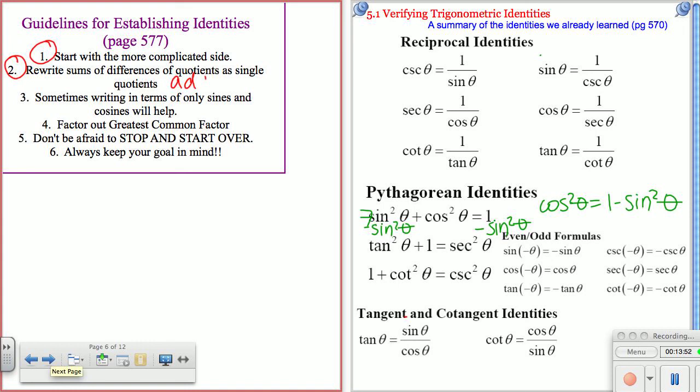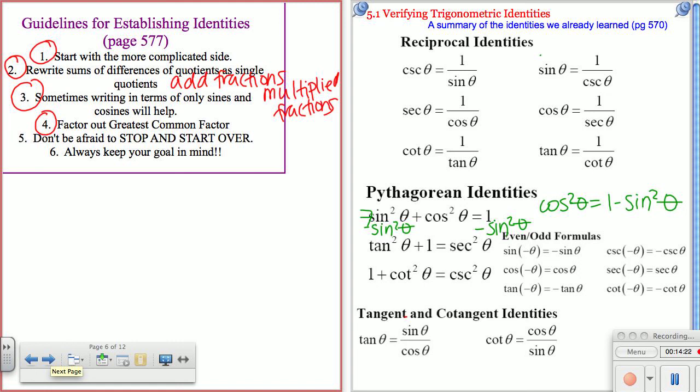We added fractions together when we could, or multiplied fractions when we could. Notice we wrote things as sines and cosines as much as we could. And we also factored. These are some of the things that'll help you. Now notice you won't always use each of those every time.